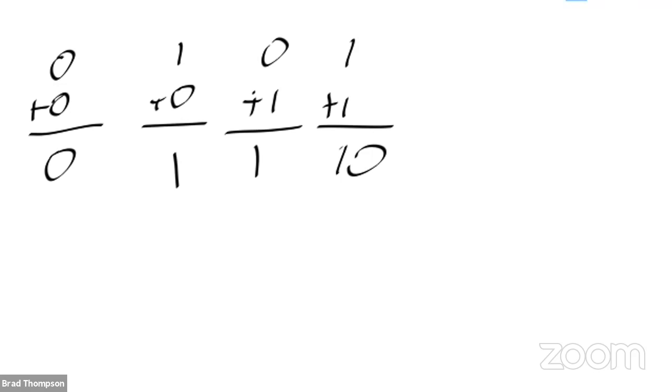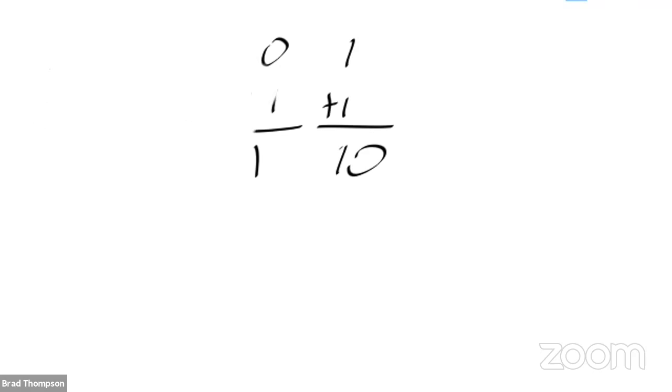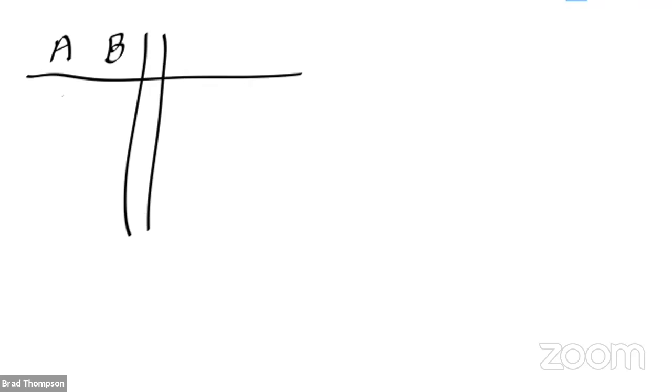So if we write this a little bit differently, say we want to build a circuit that has 2 inputs, A and B. For 0 and 0, that's a 0, and 1 and 0 is a 1, and 0 and 1 is a 1, and they're both 1s. So we're going to get 2 outputs.